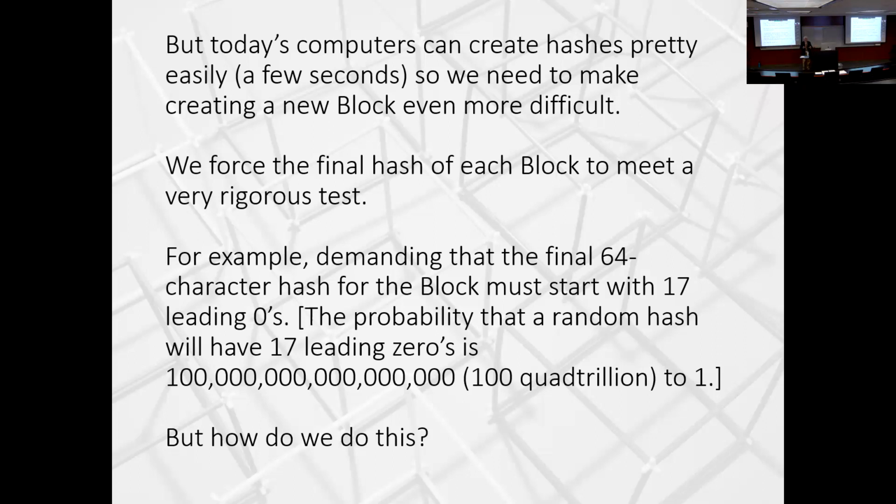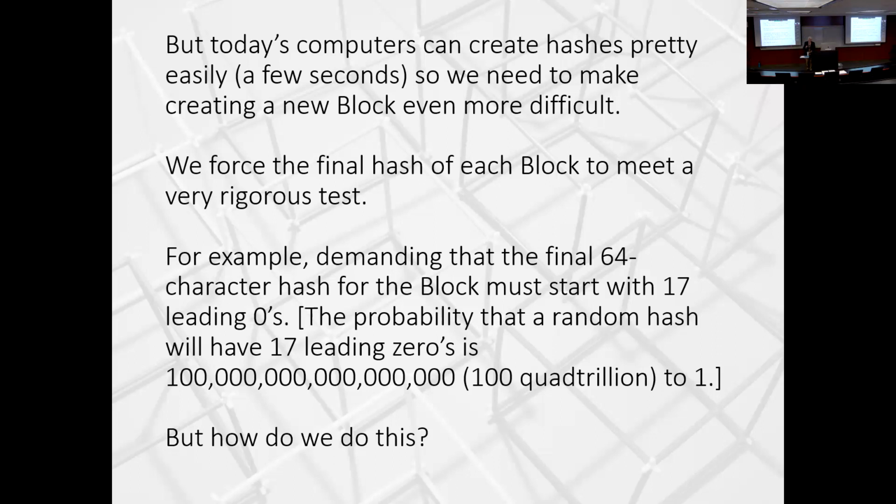I create a batch. I then create a block. I put the block headers in. So everything up to this point is time consuming and computing power consuming, but there's nothing subtle about it. Everything is deterministic. If I do this, I get this. If I do this, I get this.